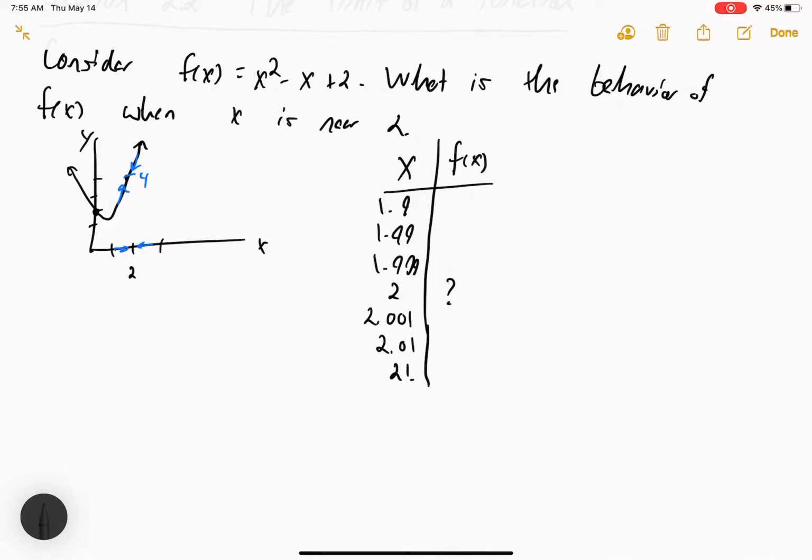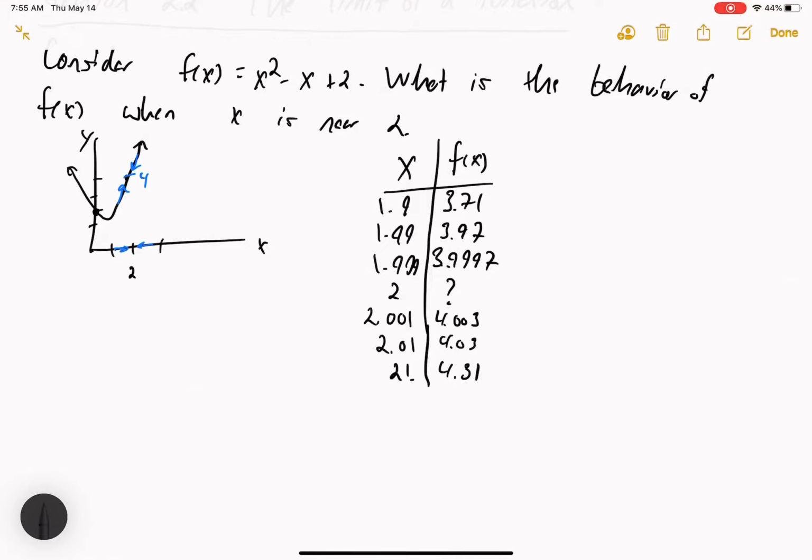For 1.9, we get 3.71. For 1.99, we get 3.97. And for 1.999, we get 3.997. I'll fill out the rest: 4.003, 4.03, and 4.31.